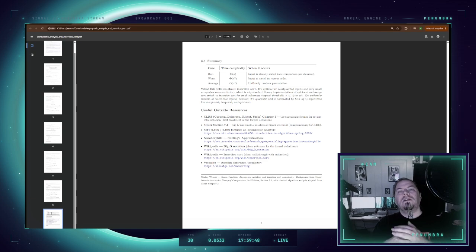So it's kind of like when you have data that is homogeneous by a certain demographic, then you can use insertion sort to sort just that demographic, whether it's people or some other statistics and stuff like that.